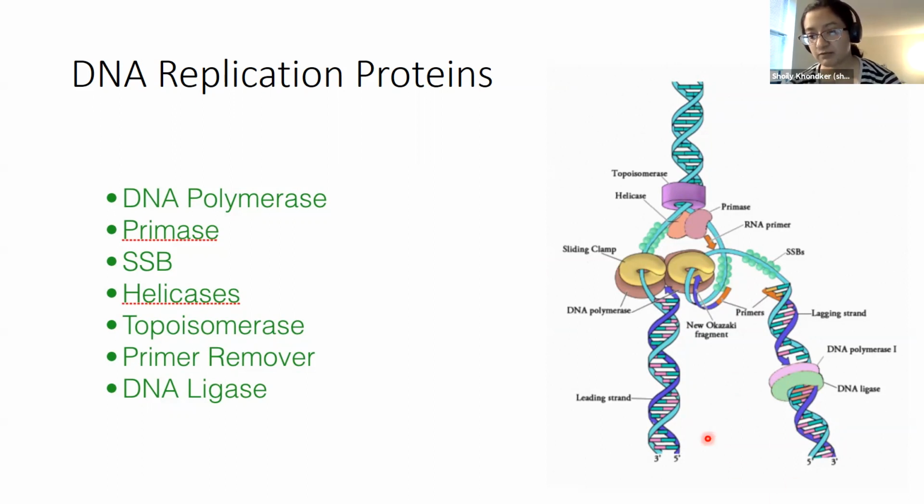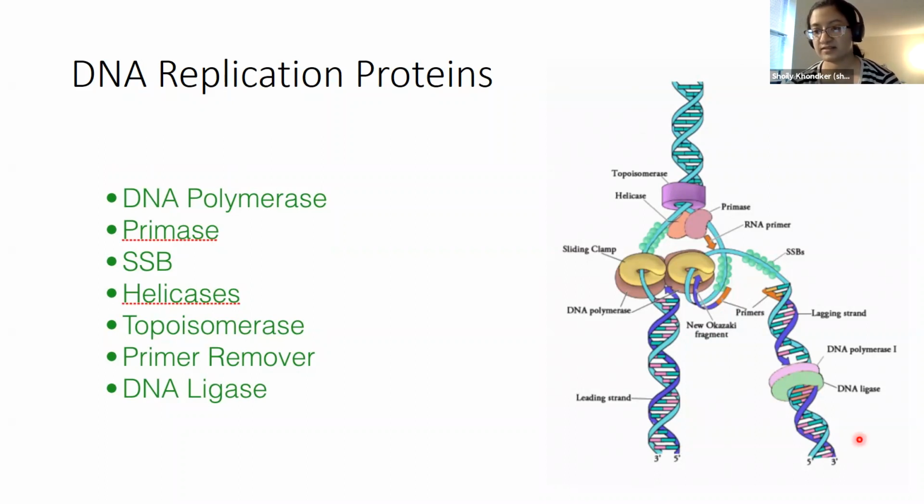You have what's called a leading strand and a lagging strand. Because DNA polymerase can only work in the 5' to 3' direction, the leading strand can be synthesized in one continuous action.